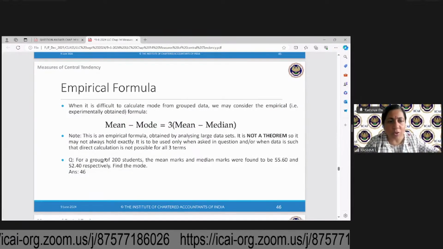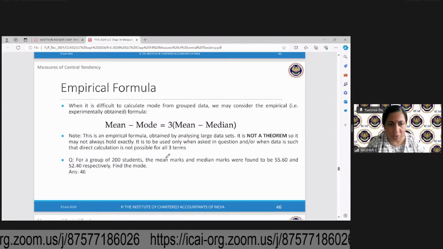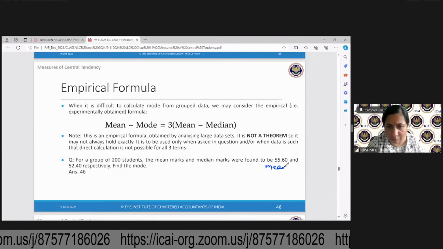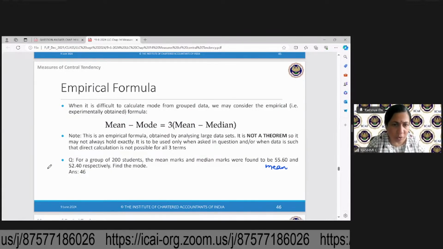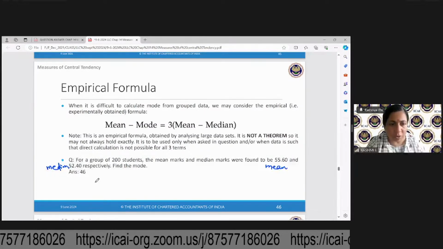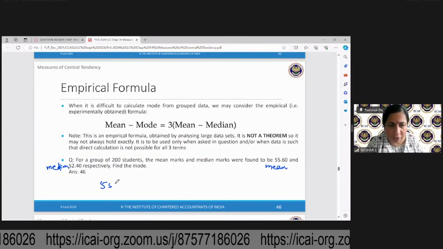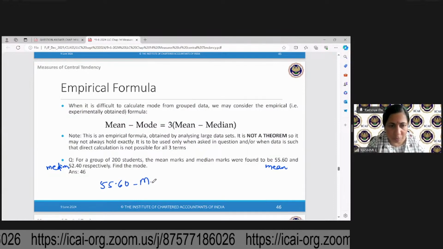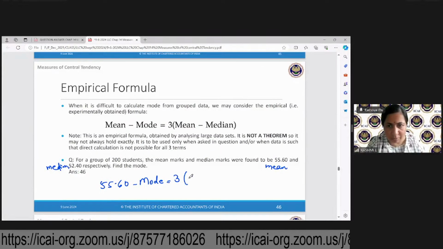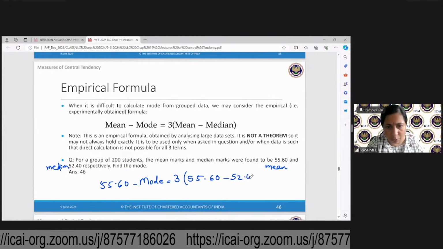Okay. So for a group of 200 students, the mean marks and median marks are given. Find the mode. Mean is given to you as 55.6 and this is what is given to you as median. So what they want is for you to find mode. So 55.60 minus mode is equal to 3 times (mean minus median). That is 55.60 minus 52.40.